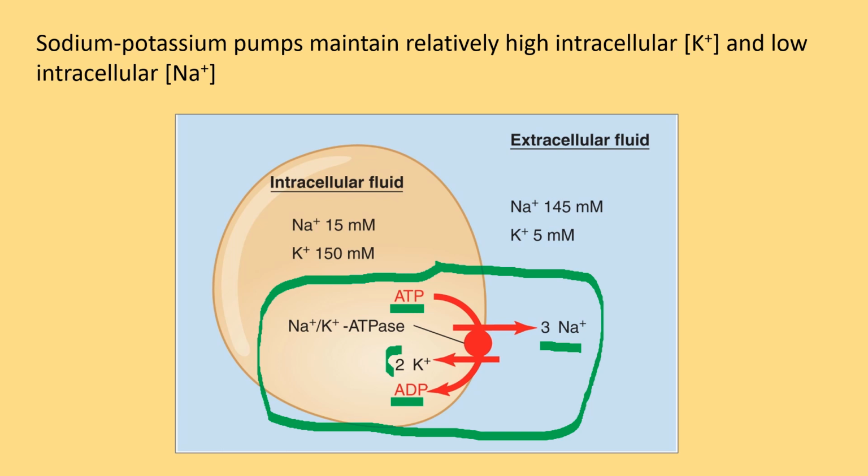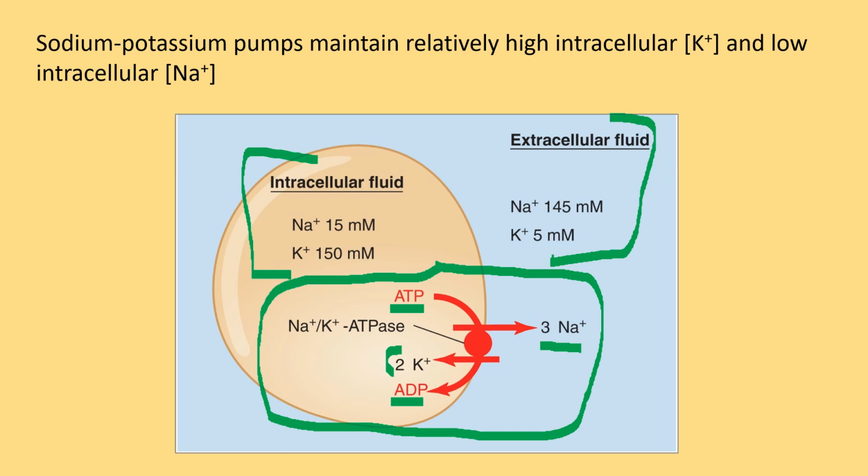And sodium-potassium pumps are responsible for maintaining the concentration gradients that are shown up here. The extracellular fluid has a relatively high concentration of sodium and a relatively low concentration of potassium, and the intracellular fluid has a relatively low concentration of sodium and a relatively high concentration of potassium.